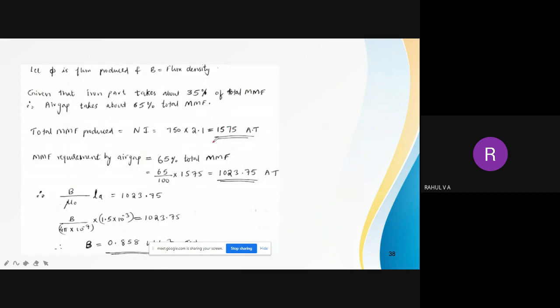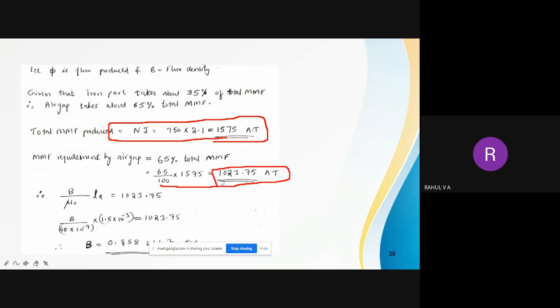We found the total MMF is 1575, so 65 percentage of total MMF is nothing but 1023. So 1023 is equal to B divided by mu 0 into Lg, where mu 0 is 4 pi into 10 raised to minus 7 and Lg is 1.5 into 10 raised to minus 3. From this equation you can find out B. All of you try this one and check whether you are getting this.